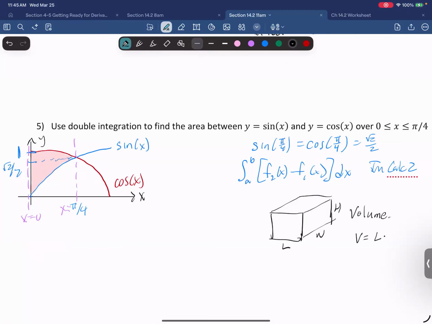Volume is length times width times height, and area is just length times width. How can I work with volume and still end up with area? What has to be true? When does volume equal area? When one of the dimensions equals 1.